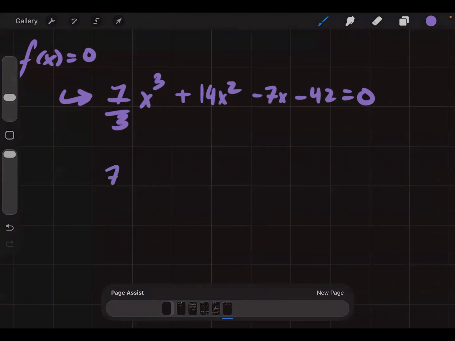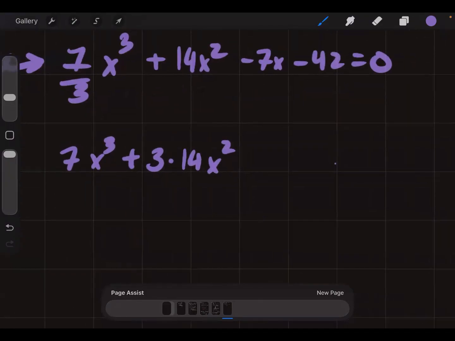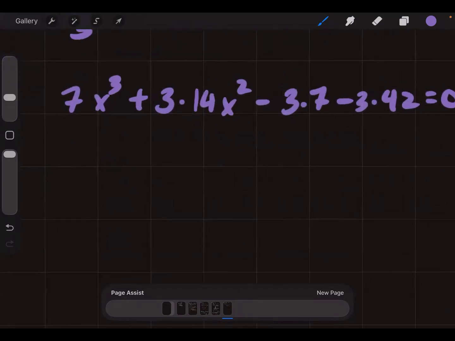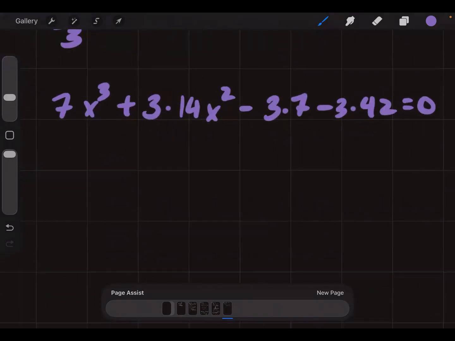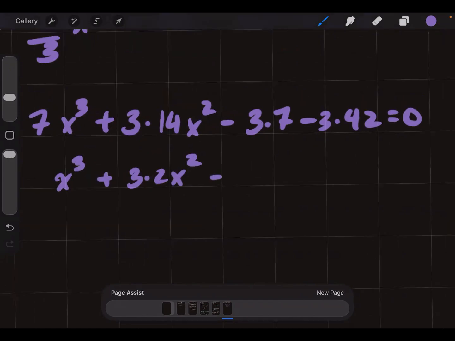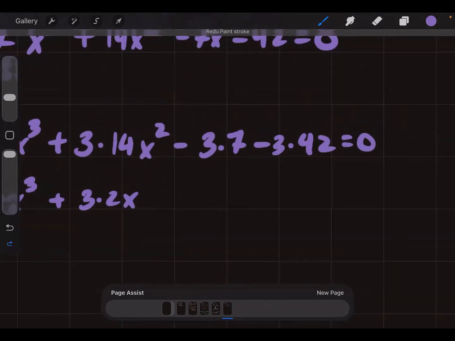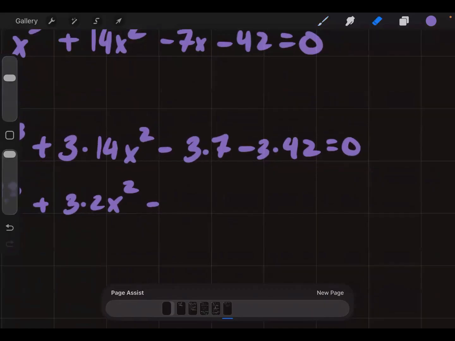which gives 7x cubed plus 3 times 14x squared, minus 3 times 7x, minus 3 times 42 is equal to 0. Everything has a 7 in it, so we're going to divide everything by 7, factor a 7 out, however you want to say it. x cubed plus 3 times 2x squared minus, oops, that's supposed to have an x in it.